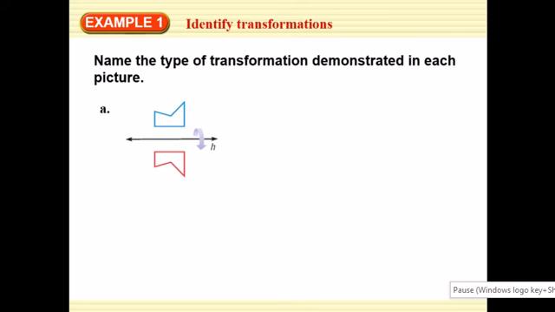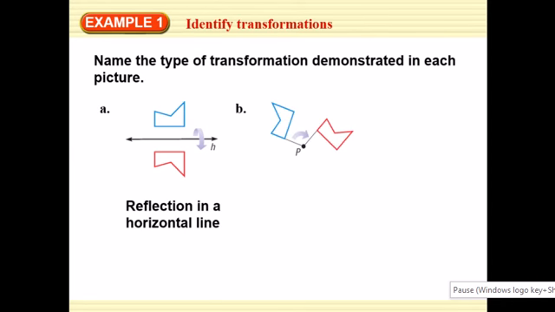So let's look at example 1. Name the type of transformation demonstrated. Here they even draw in a lovely arrow for us, which allows us to understand that it is being flipped over the line H. So that's a reflection over a horizontal line. For B, you can see the way that this arrow is moving, and you can even see that it is connected to one of the vertices here.